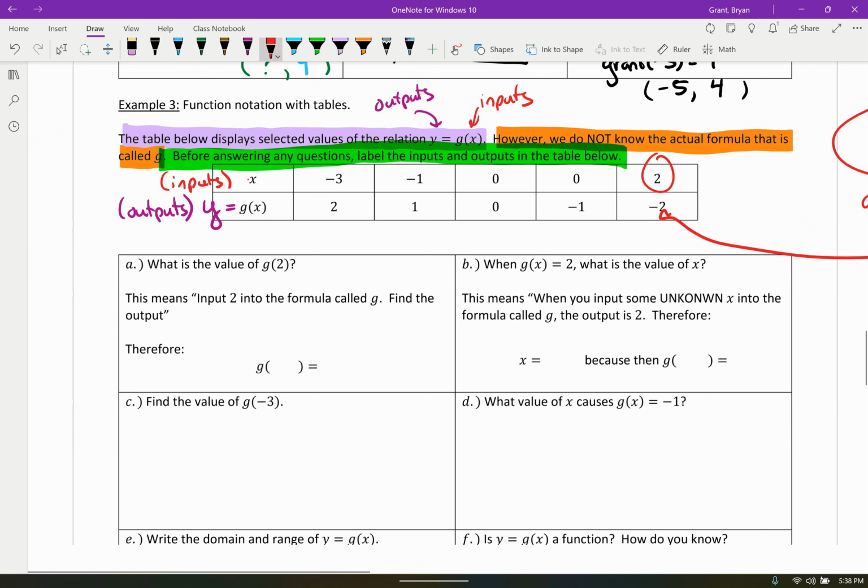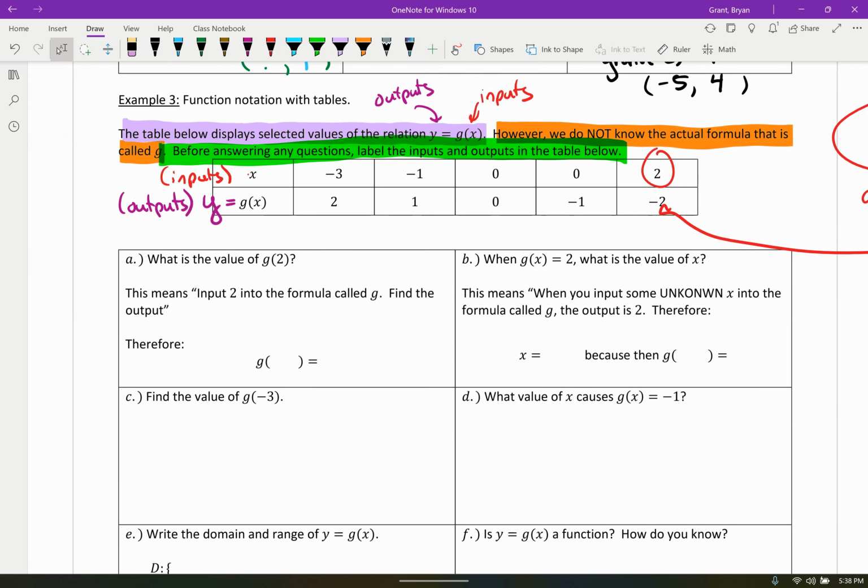So as we go through and use this table, let's see if we can understand how function notation applies. A says, what is the value of g of 2? Now, as a reminder, g of 2 would normally mean we have some formula that's doing math to 2, right? It's doing math and doing more math over here. We don't know what's happening. But one thing we do know is that 2 is the input, and I'm going to keep writing it in parentheses. 2 is the input.